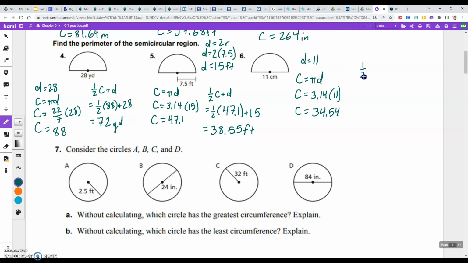So we have 1/2 circumference plus diameter. So it's 1/2 of 34.54 plus 11. When we multiply and add, we come out with 28.27, and that's centimeters.